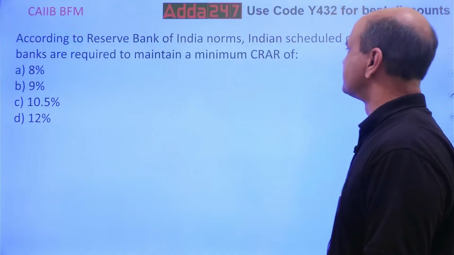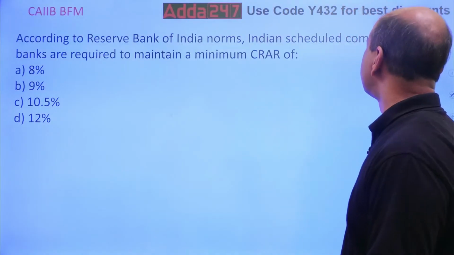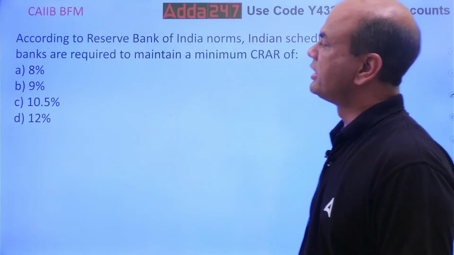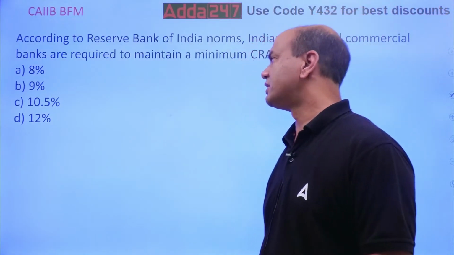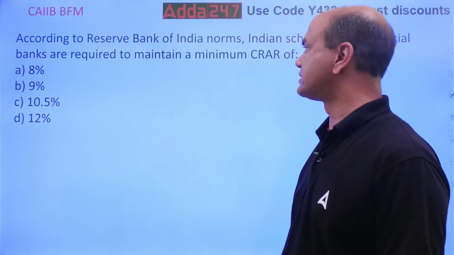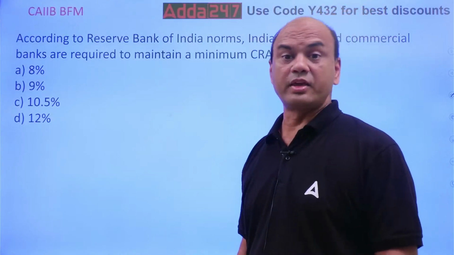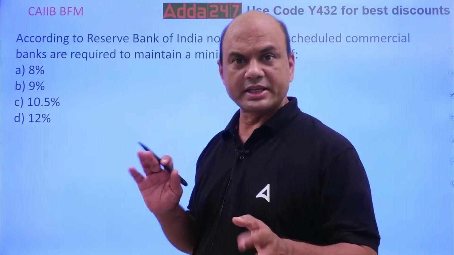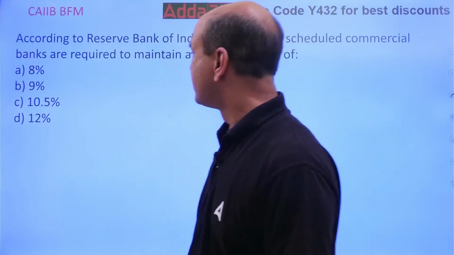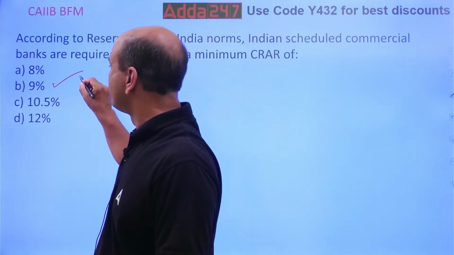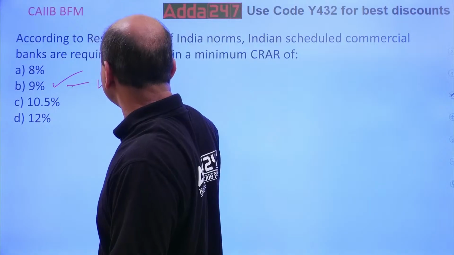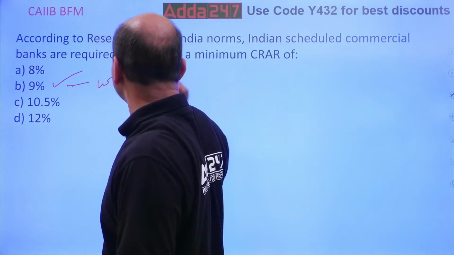According to RBI norms, Indian scheduled commercial banks are required to maintain a minimum CRAR of 8%, 9%, 10.5% or 12%. I gave you this figure earlier. See, there is a catch in this. The answer is 9% without buffer, without CCB.